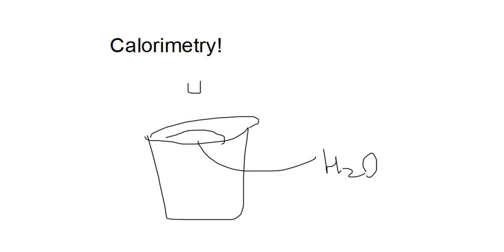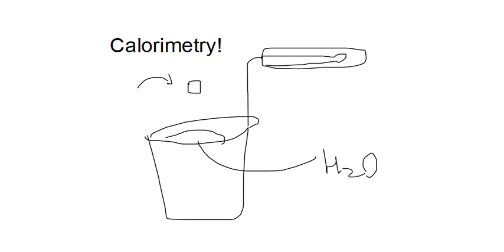We're going to have a metal, and also a temperature probe, just a simple thermometer. We're going to put that into here. We're going to record the initial temperatures of each first of all, and then we're going to record the temperature at equilibrium, which is the final temperature that the two substances mix together to form.